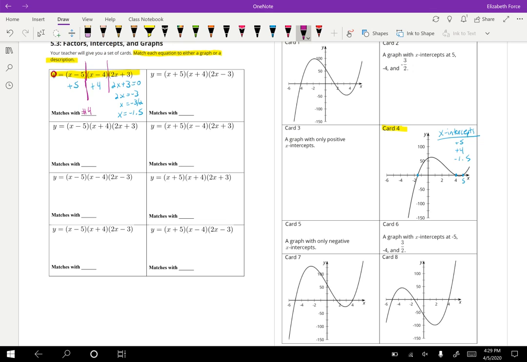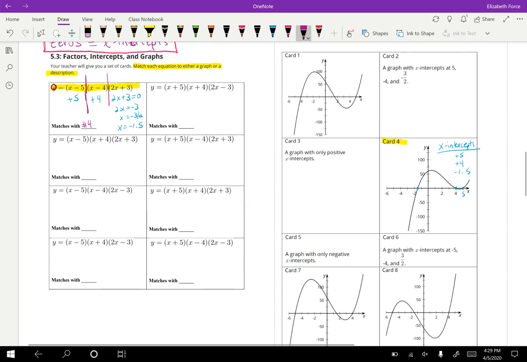Finding the zeros of each of these functions, which are the x-intercepts, is going to help me match them with their graphs and descriptions on the right. If we look at the second function, we've got the factor x plus 5, the factor x plus 4 and the factor 2x minus 3. We want to know when it equals 0. The first one is at negative 5, the next is negative 4, and in this case it's 2x minus 3, so if we solve it, you add 3 and then divide by 2.